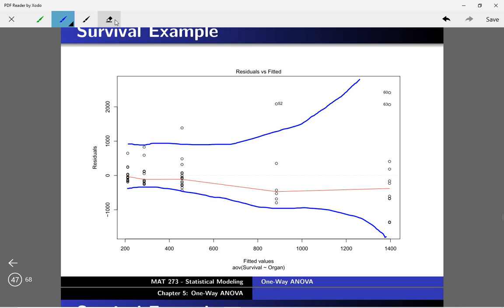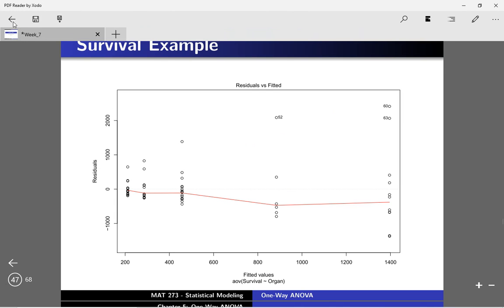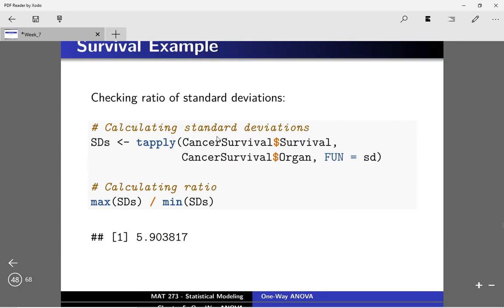Okay, so this indicates that constant variance of the errors is not met. Also looking at that ratio of the standard deviations, very problematic here. So we got 5.9. It's supposed to be less than 2 by that rule of thumb. This is way bigger, so it certainly is indicating that constant variance is not met as well.